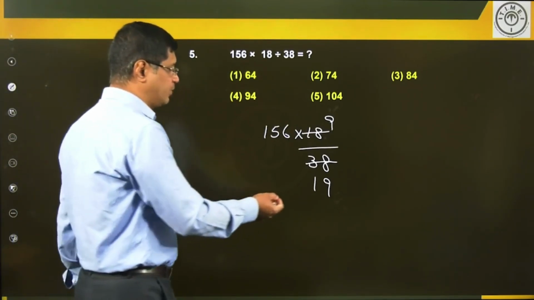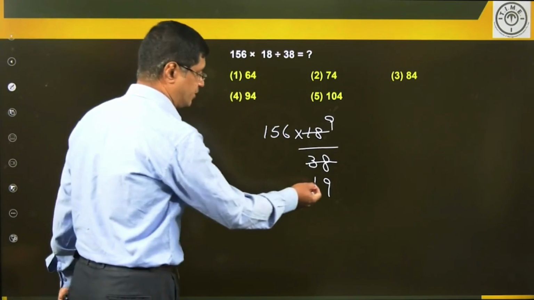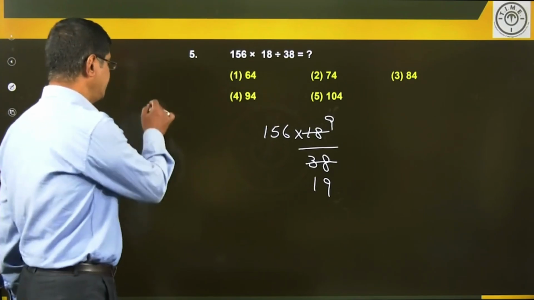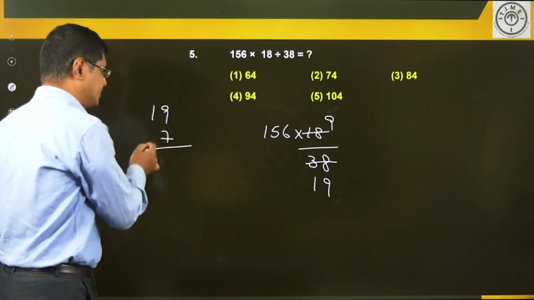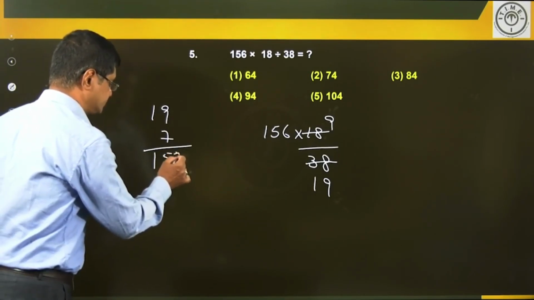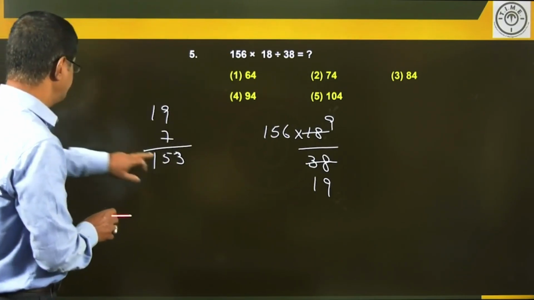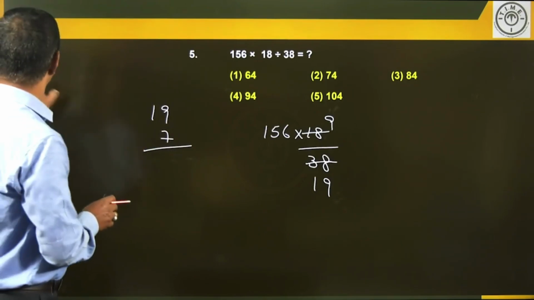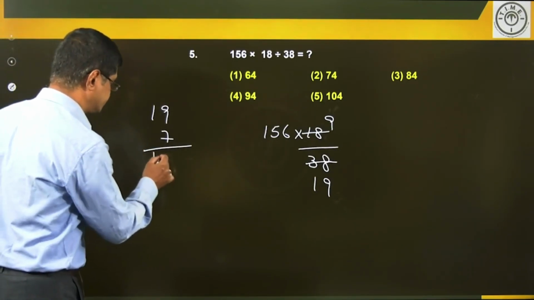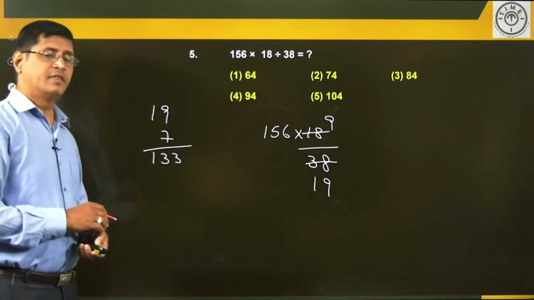My dear students, if you observe 19 into 7, that is 133.